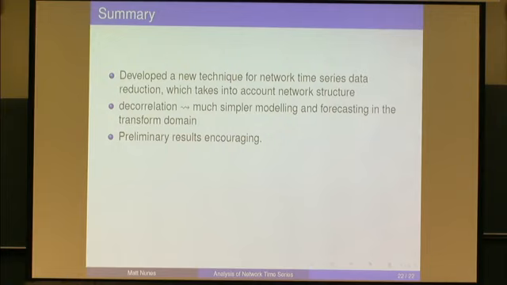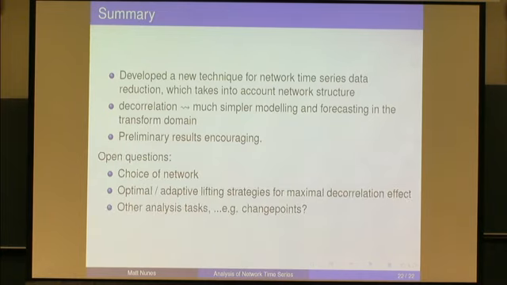The idea is based on simplifying the time series and using analysis in the transform domain. Obviously, there are some open questions. How do you choose your network, whether it's minimal spanning trees or some other physical thing that you want to use? And there are other things that you can do with this, and it would be interesting to look at other analysis tasks as well as forecasting. I'll stop there. Thanks.